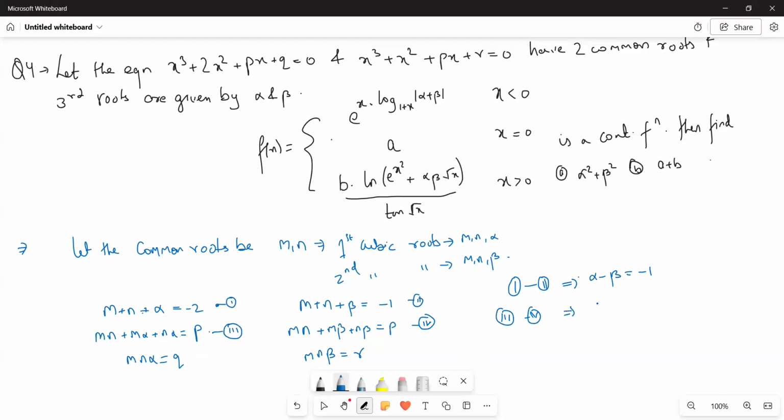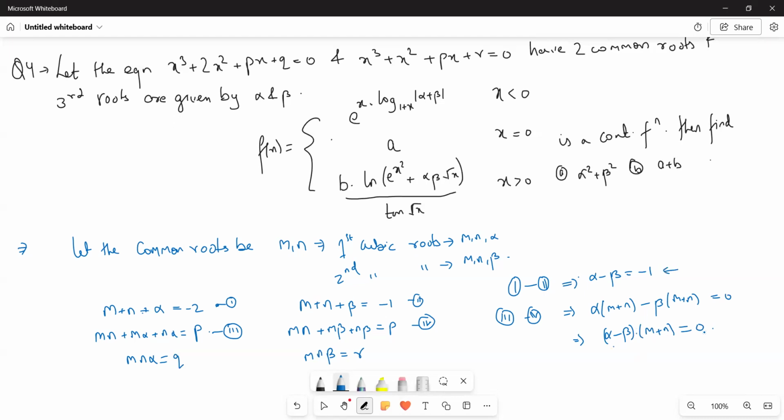So it will be like alpha times m plus n minus beta times m plus n is equal to 0, or that is alpha minus beta times m plus n is equal to 0. But alpha minus beta, we have already established, is -1.